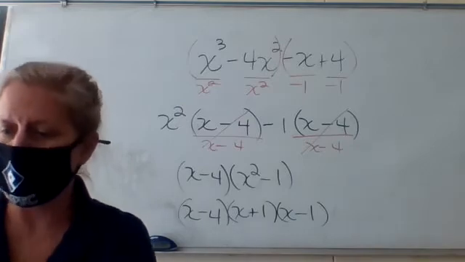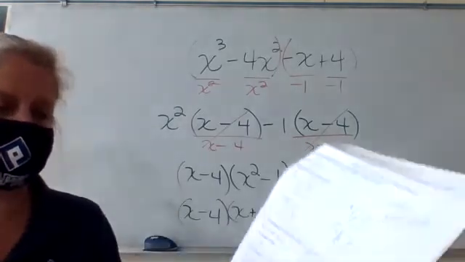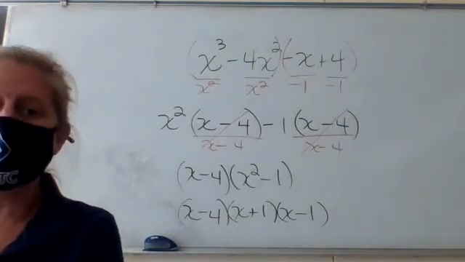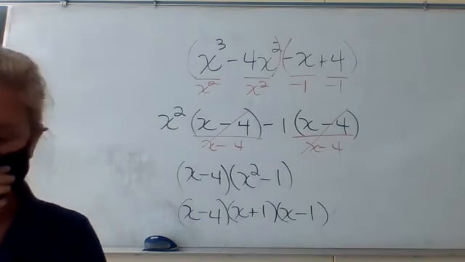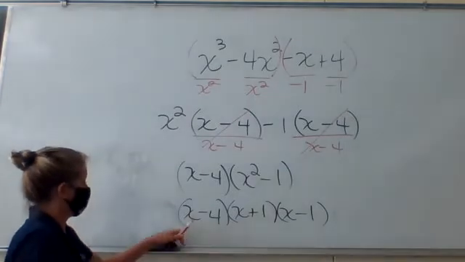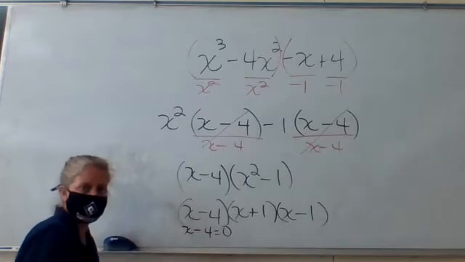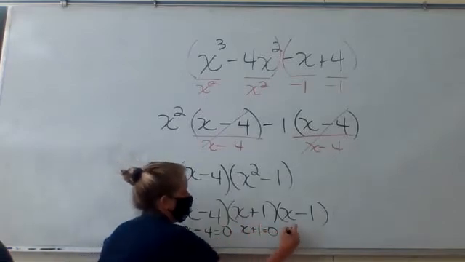So if you'll notice, now your problem, what we've gotten it to anyway, now resembles what your last problems were. It's got the parentheses with the factors there for you now. So now you can find your zeros from that, which is actually the easiest part. What are your factors? So here, this one is x minus 4, so I'll set it equal to 0. Here, x plus 1, set it equal to 0.